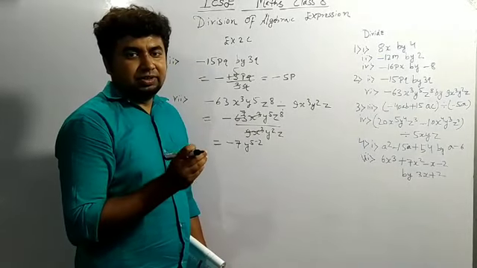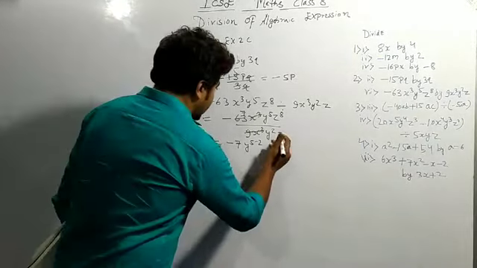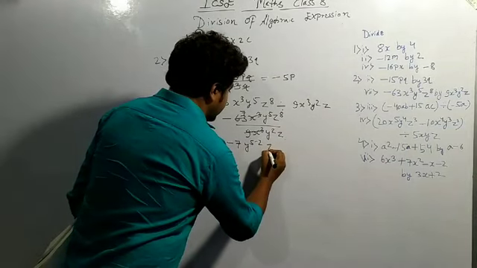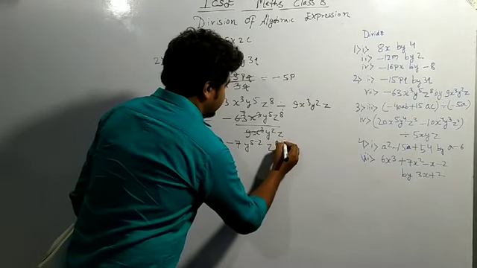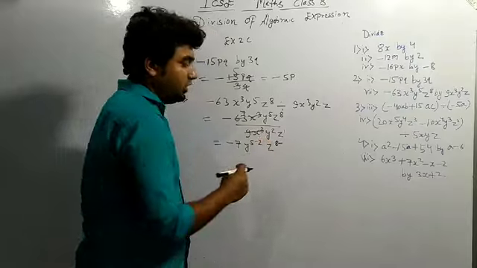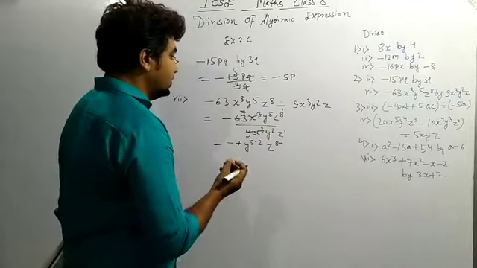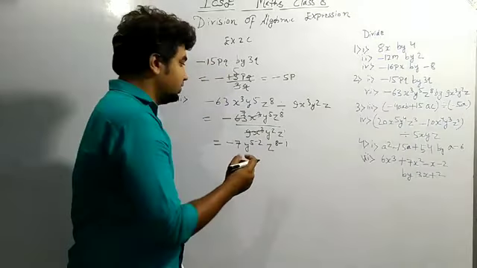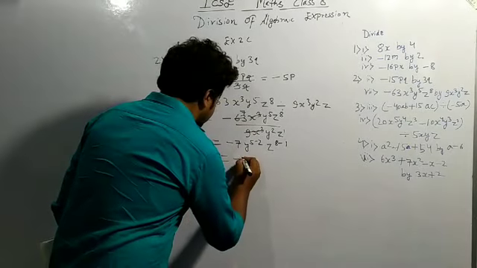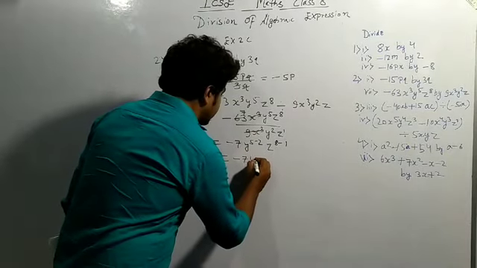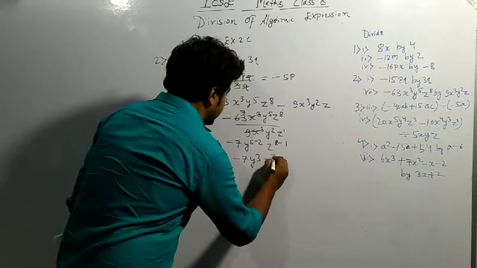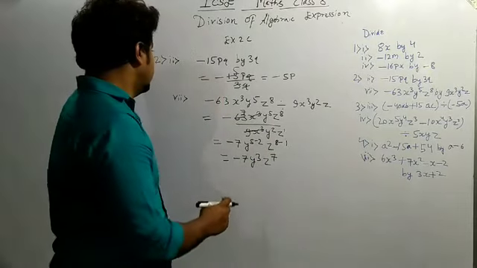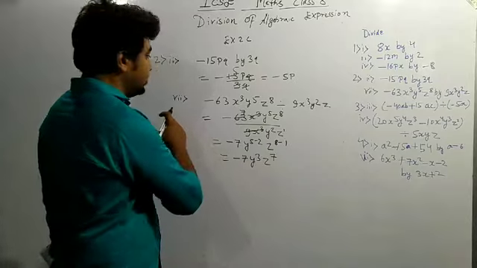The two y's will be cancelled, so y cube will remain. And z to power 8 minus z to power 1. Z is given, meaning z to power 1 is z. So it will become 8 minus 1. So we are getting minus 7 y cube z7. So we are getting this as the answer of 2 bit 7.